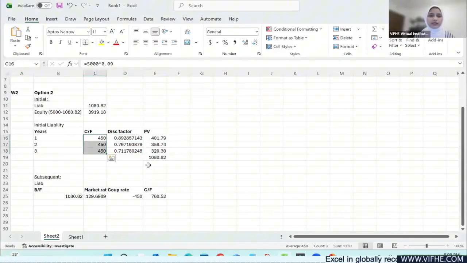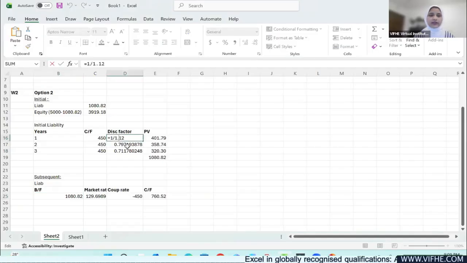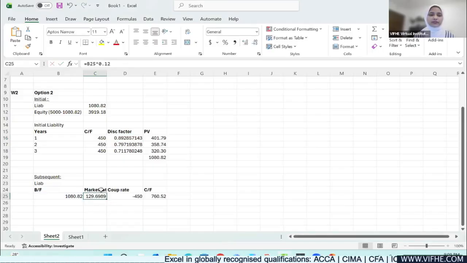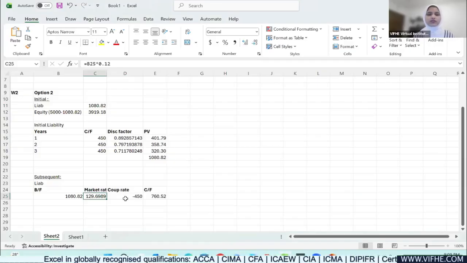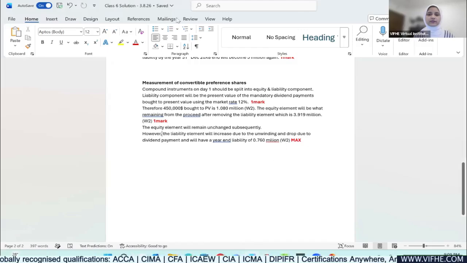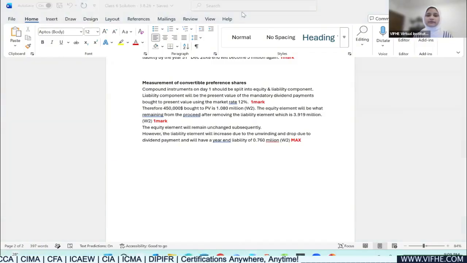So if you brought the 1.080 to present value, it will get unwound. When you divided by 1.12, now you will multiply by 1.12. So this is the unwinding. And it will drop because of the coupon payment, or in this case, dividend payment. So you will have a carry forward value of 760,000. This is what it means. Is it okay?